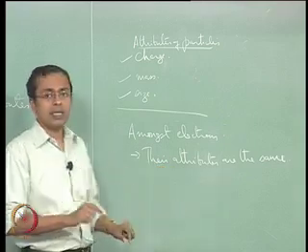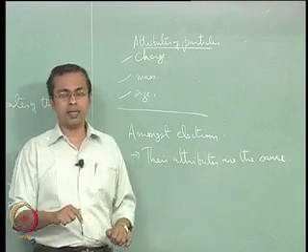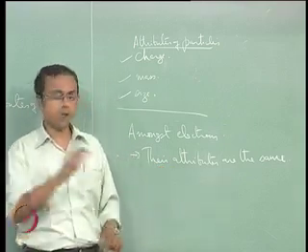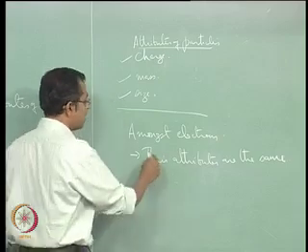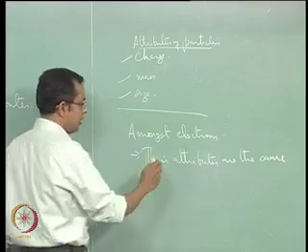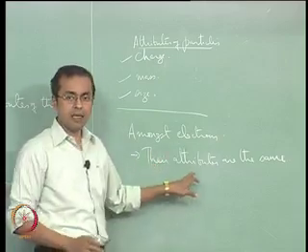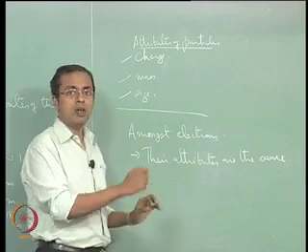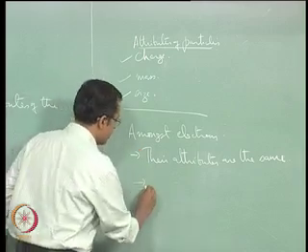So the question is, if you have two electrons, can you distinguish between them? In other words, when the attributes of the two particles are the same, we describe that by saying that those two particles are identical.